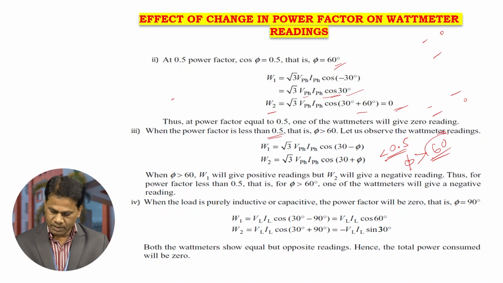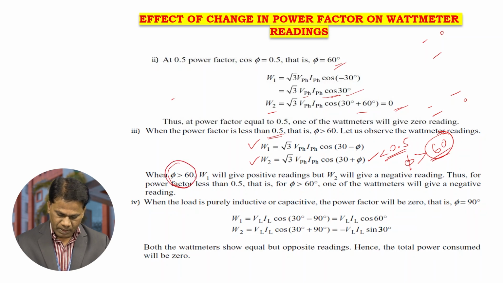For phi greater than 60, W1 is equal to root 3 V phase I phase cos of 30 minus phi. W2 is equal to root 3 V phase I phase cos of 30 plus phi. If the power factor angle phi is greater than 60, W1 will give the positive reading, W2 will give the negative reading.